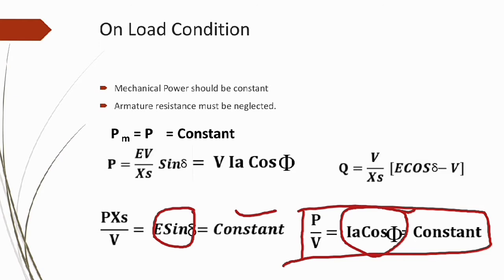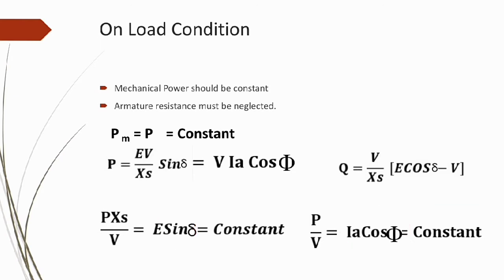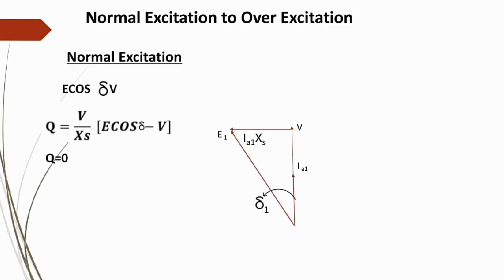So we will continue on that. First of all, we are going from normal excitation to over excitation, that means we increase the excitation. How do we increase or decrease the excitation?